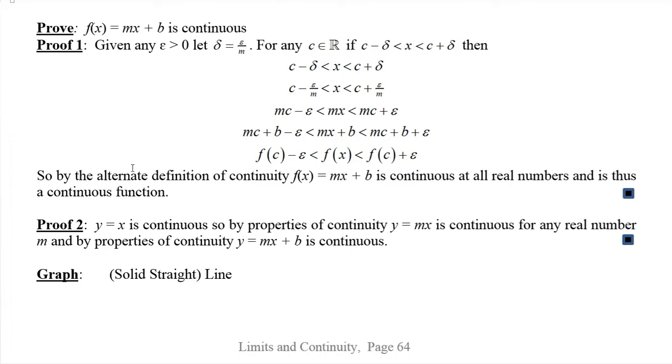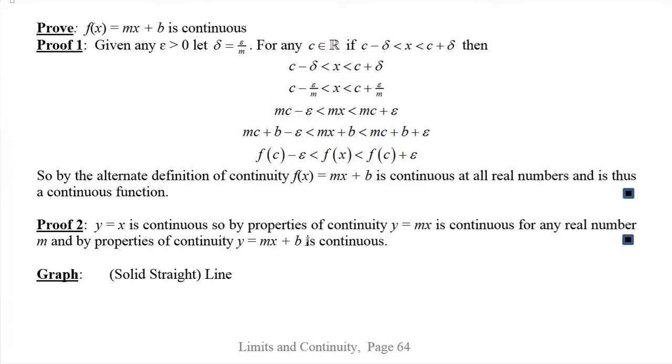Now, another way to do this, because of our previous results, is a maybe simpler proof. Since y equals x is continuous, by properties of continuity, we know that a constant times a continuous function is continuous, so y equals m times x is continuous, again for any real number m. And again, by the properties of continuity, we know that the sum of two continuous functions is continuous, and b is a continuous function.